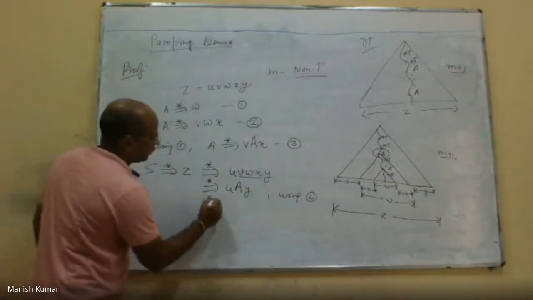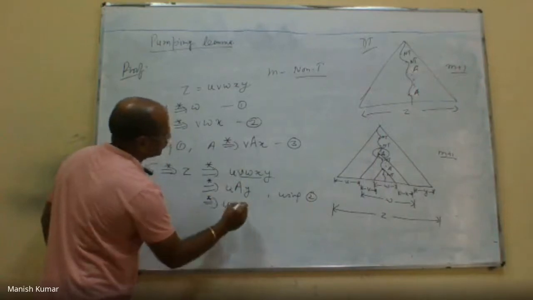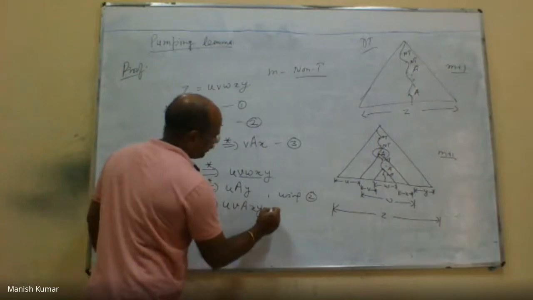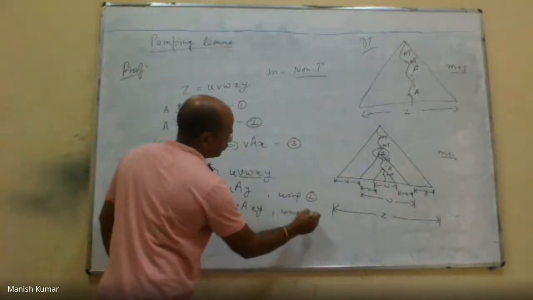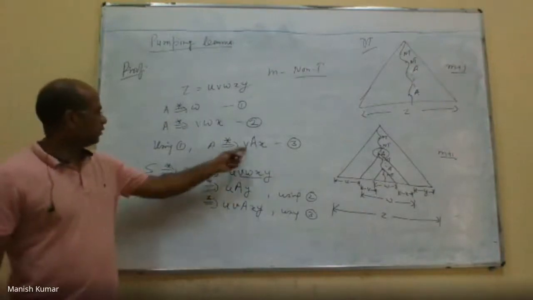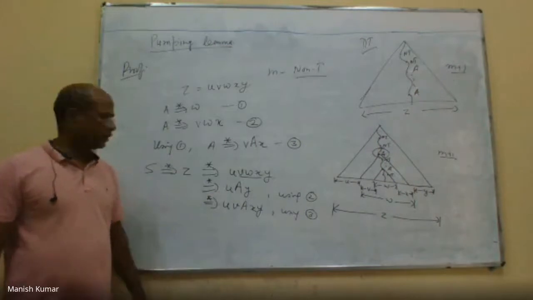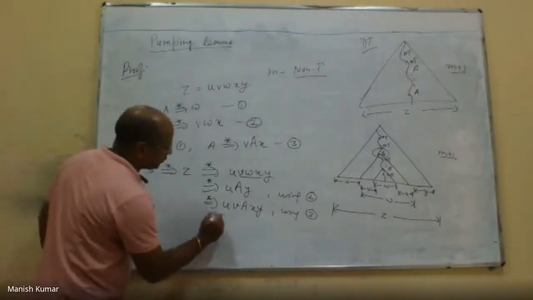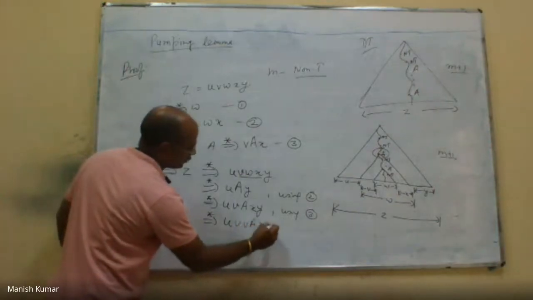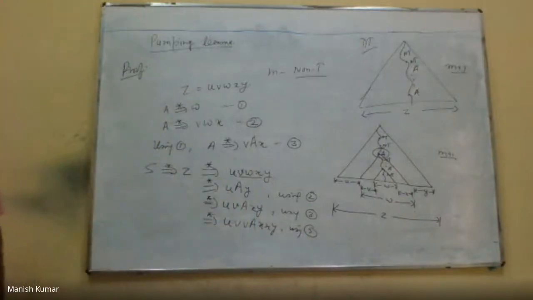This I can write as U V A X Y using 3. I have replaced A with V A X. Now you can see that if I successively replace this again using 3, isn't it?